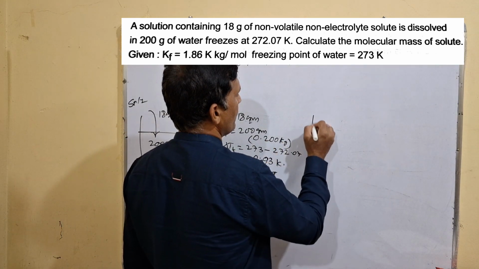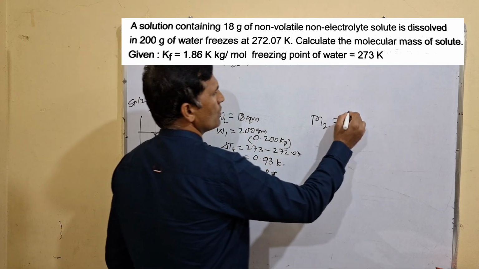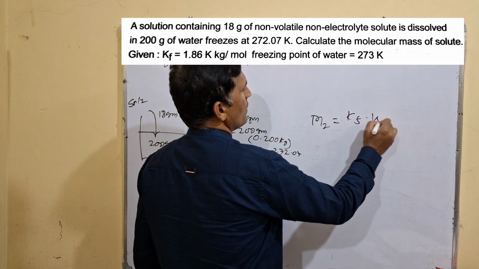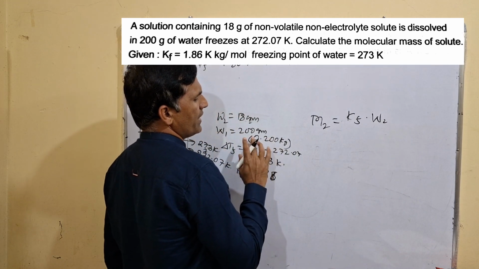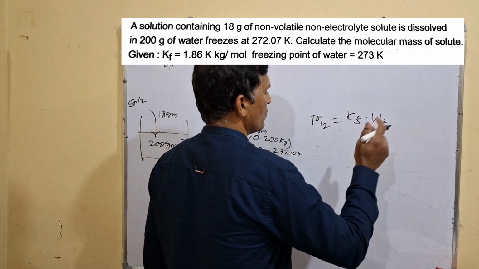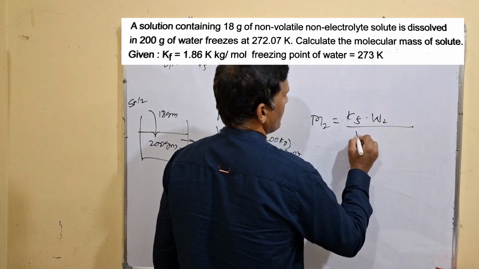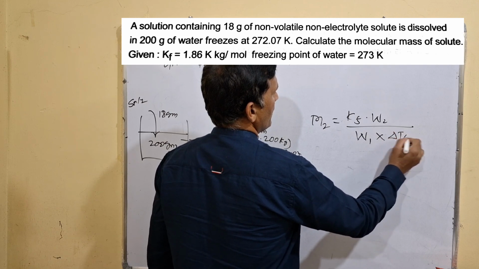So directly we will write the formula. Molecular weight of the solute is equal to KF into W2. Already we have converted weight in terms of kilograms, so therefore no need to multiply with the 1000, right? So weight of the solvent into delta TF.